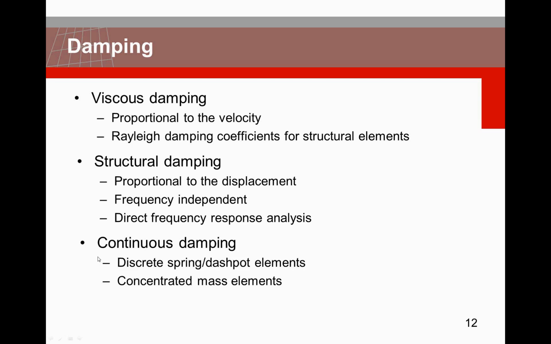For these parts, we advise you to use discrete spring dashpot elements with the appropriate damping values, which are normally provided by the component manufacturer. Further, you can also add continuous damping to the concentrated mass elements, which I showed in the previous slide.